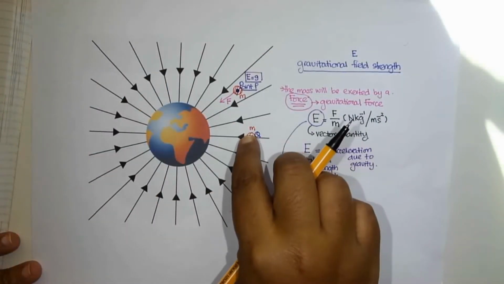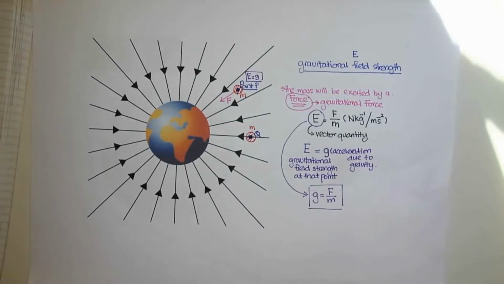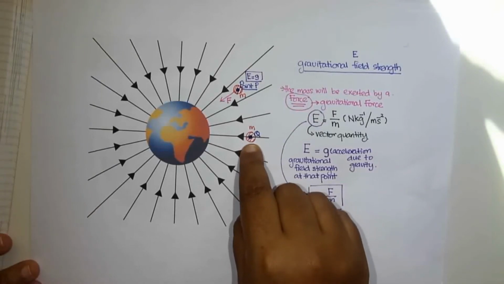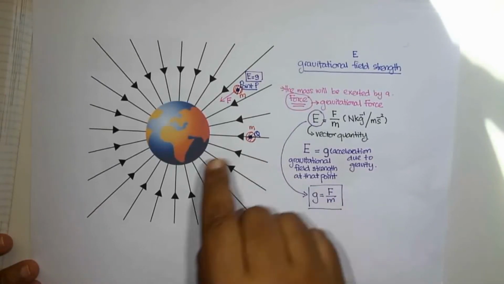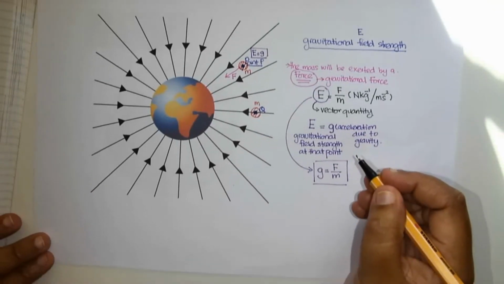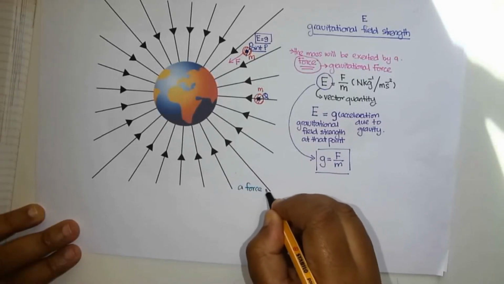Where anything enters into the region, there will be a force exerted on that mass or on that thing. Okay, so once the mass enters into the gravitational field of the earth, what will happen? A force will be exerted on the mass.